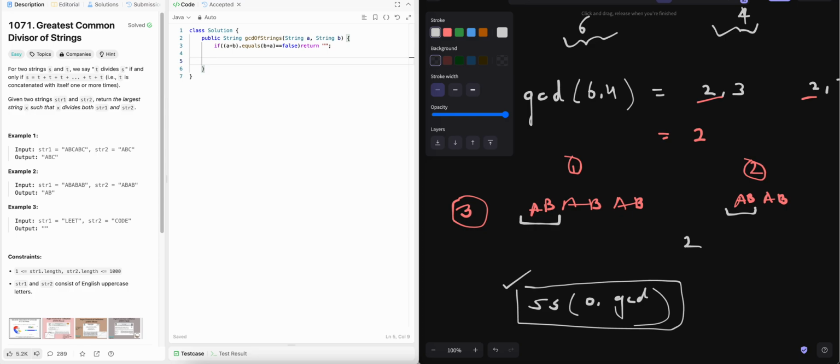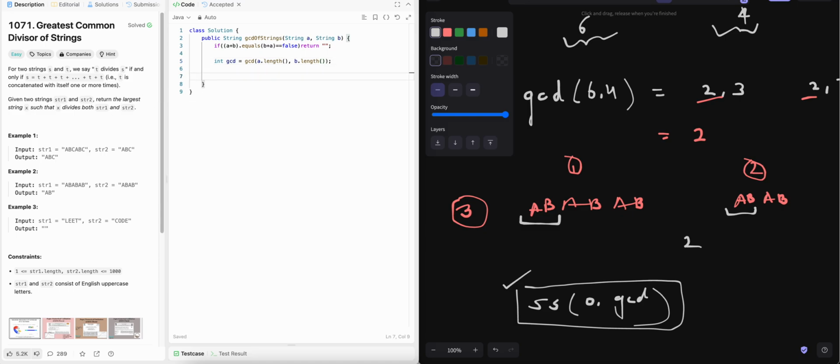Otherwise, we have to find the GCD of a's length and b's length. Whatsoever is the common factor, we will get it from there. So this GCD would represent that.